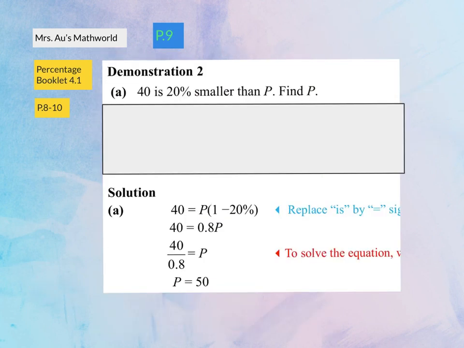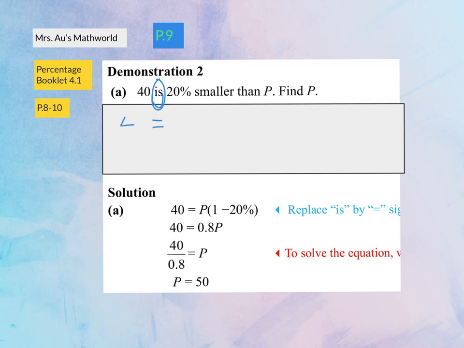Look at page 9, demonstration 2. As you know, the method to do the calculation is actually the same as the way we form an equation. Whether you call it an equation or not doesn't matter much, because you just need to focus on the method of forming the equation as in the previous one.